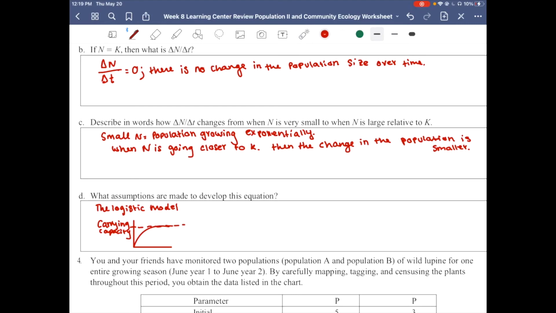So in this model, we're assuming that resources and space are limited and they limit the growth of the population. We also assume that these factors determine the maximum number of individuals that can be sustained over time.